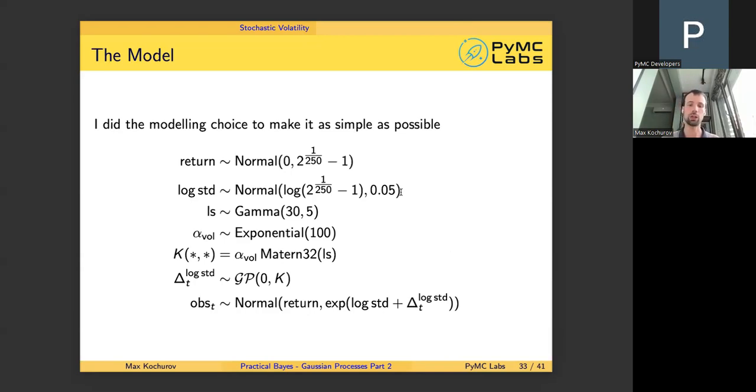Then we'll go to the Gaussian process part. And here we think about how does volatility change in time. And if we put length scale to be something like gamma with mean 30 and standard deviation 5, then we say that volatility changes dramatically only after a month has passed.